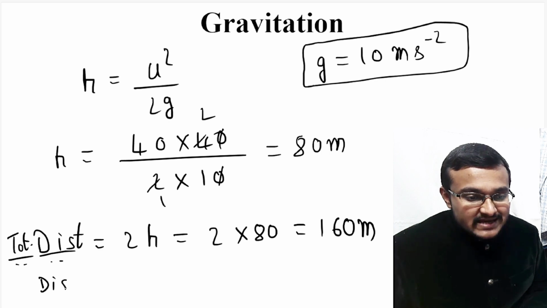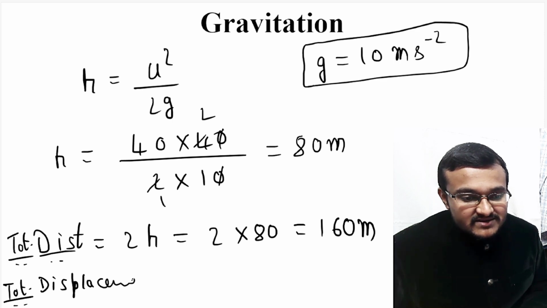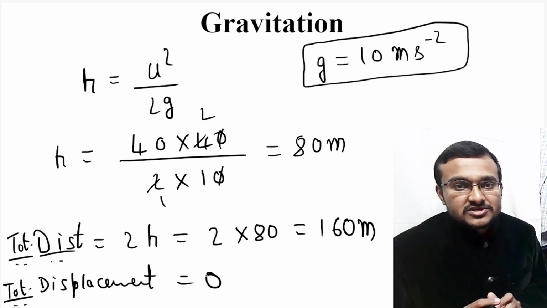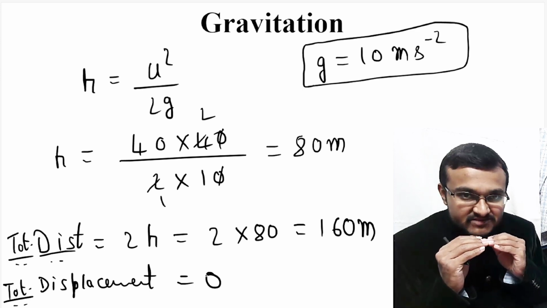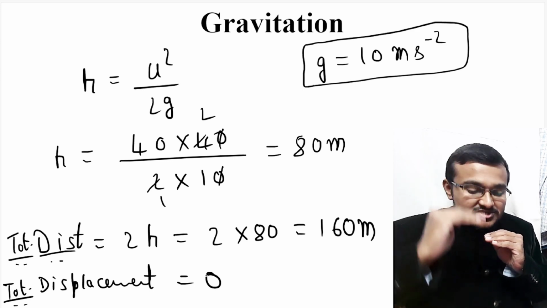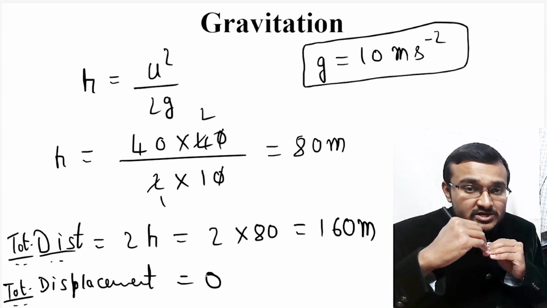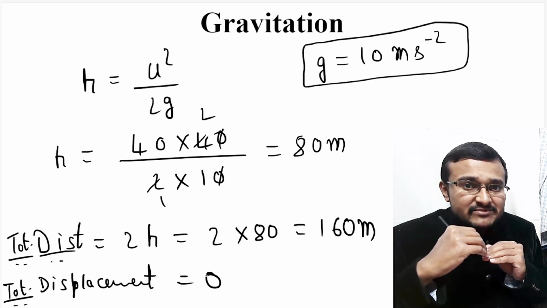Now if you want to calculate the total displacement, here the total displacement is just 0. Because this stone has started from its initial position and reached the maximum height. Because it is traveling vertically upwards, it will fall vertically downwards only, and it will reach the same initial position.